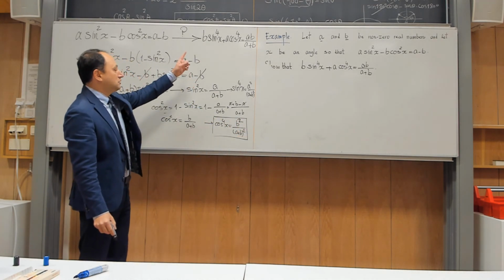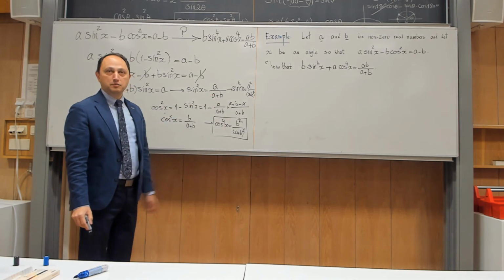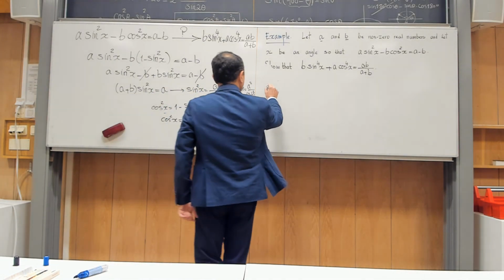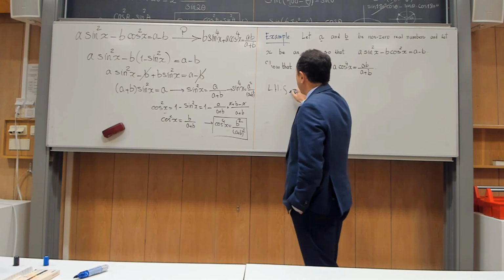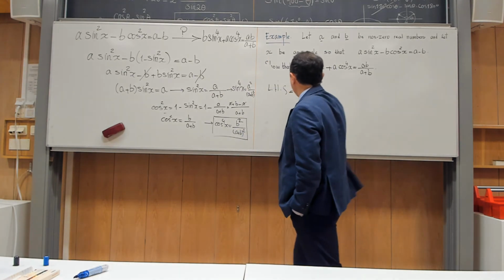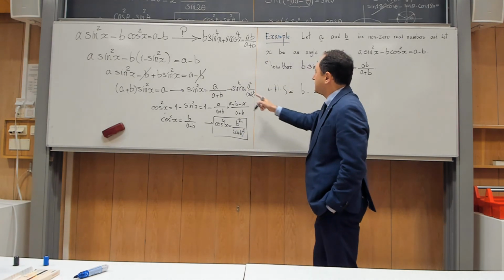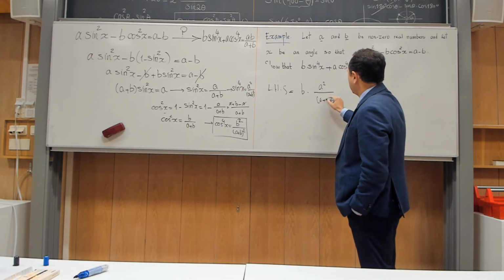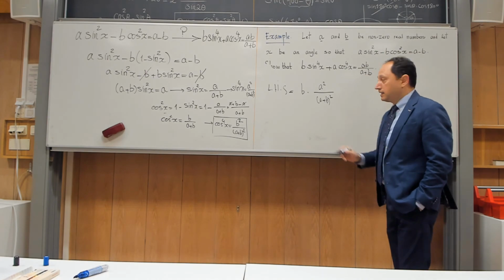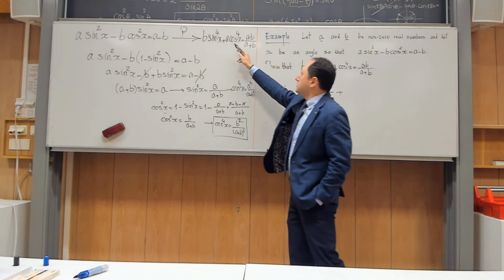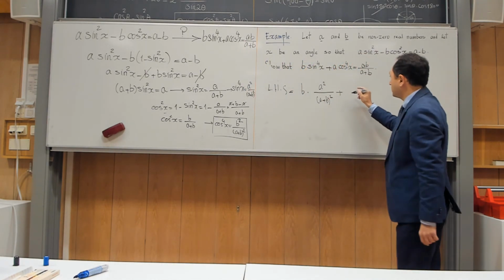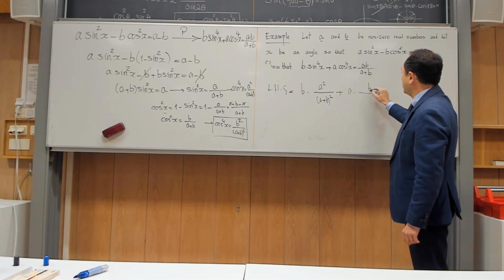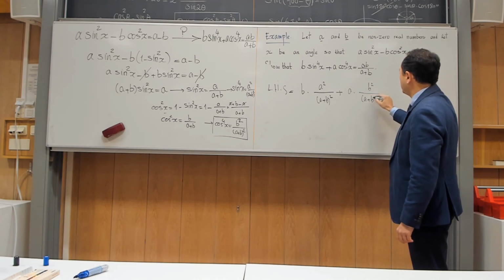My goal was to get rid of x in favor of a and b. I was able to do that. So now I start: the left hand side is equal to b, multiplied by, instead of sine to the power of 4, I can write this. Yes? And then plus a times cosine to the power of 4, which is a times b squared over a plus b to the power of 2.